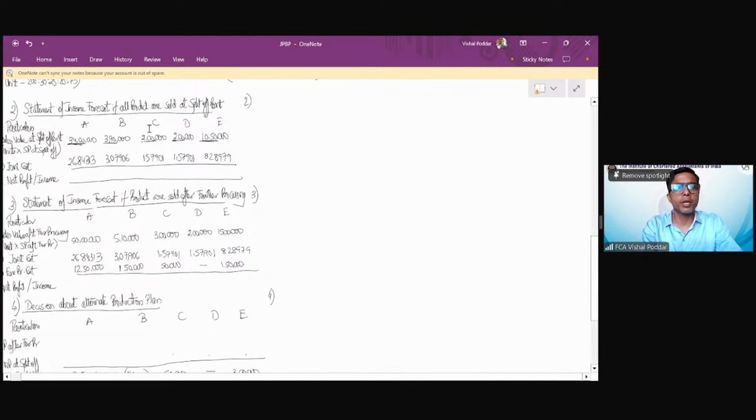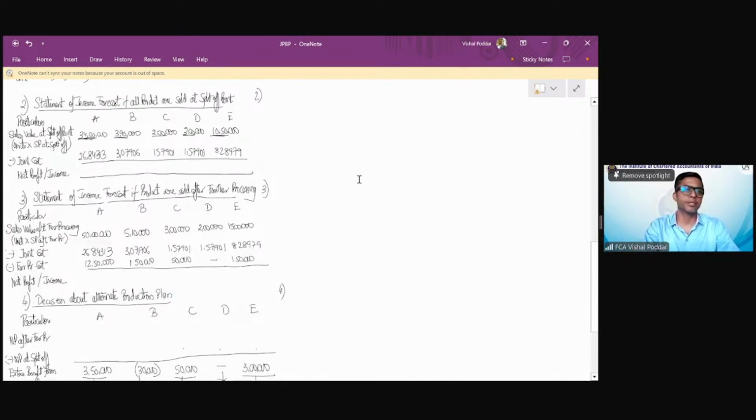So the same workings will repeat. Only the values are different. The costs are different. So obviously the net profit would be different. Chalo. You have to find out the next three answers. So format is same. Just now that we will be taking the new joint cost that we have calculated, because every method will give you a different joint cost. And because of that, every method will have a different figure of profit. Chalo.